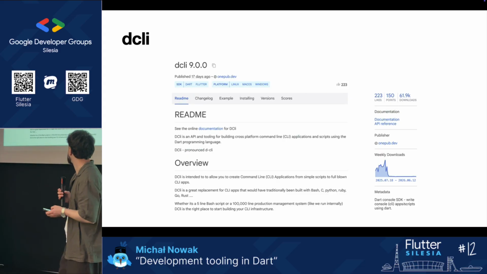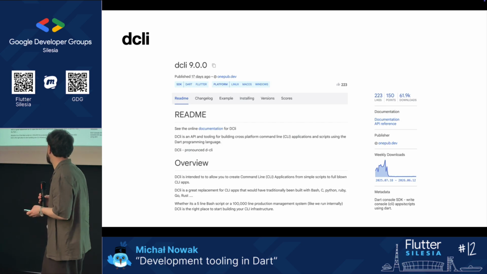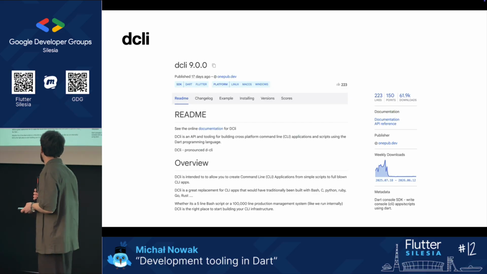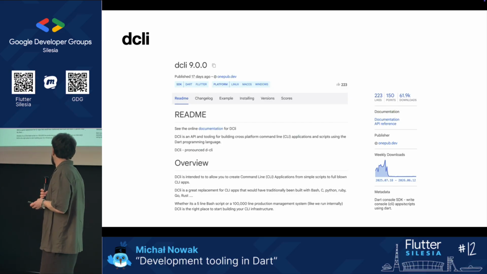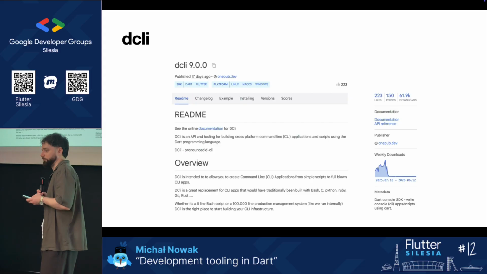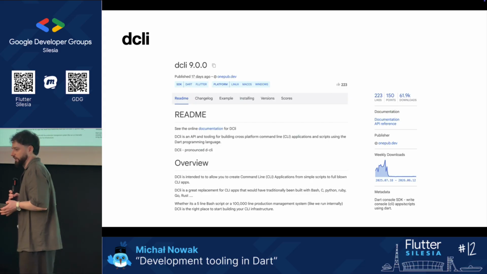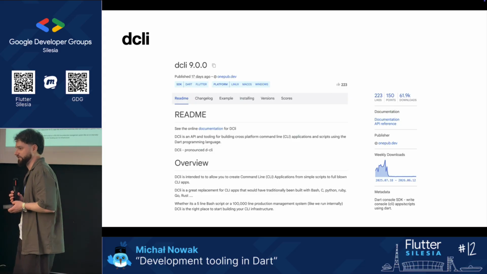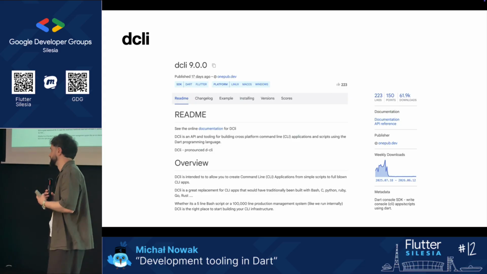It was not created by the Dart team this time. I'm not sure if he was the creator or someone else, but it's used with pub.dev, which is like a private pub.dev. So if you are hosting any packages, you can use this one instead.